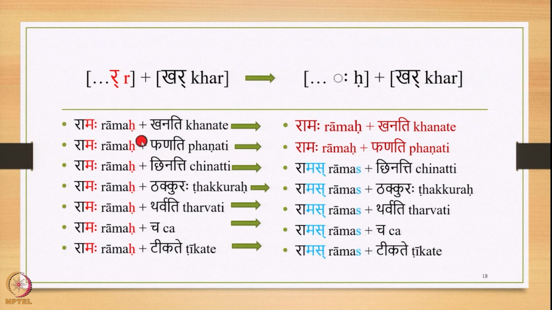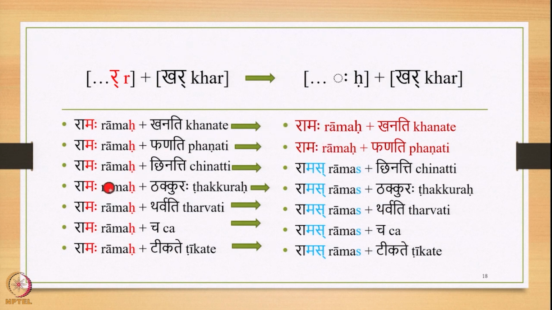So we have Ramaha plus Khanati, this is the output, this is actually the output of R plus khar. Now this becomes an input for visarjaniyasya saha, but there is another rule which is an exception which we shall study later on, and that is why this output is put in different colors, not in the usual blue color. So these two we shall deal with later on.